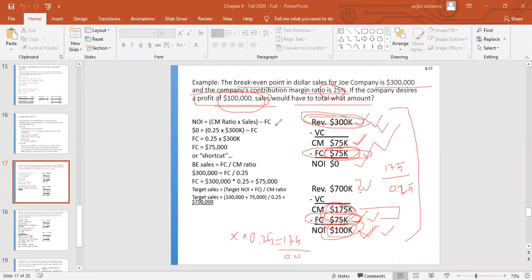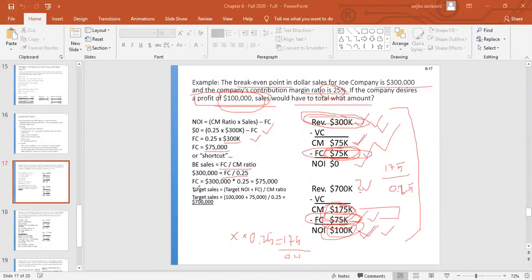You can also do it through equations. Break even is sales, 300,000 times 25%, fixed cost is 75,000. Or shortcut, same thing, 300 is equal to FC. And then of course we have target profit, where we use the same equation.